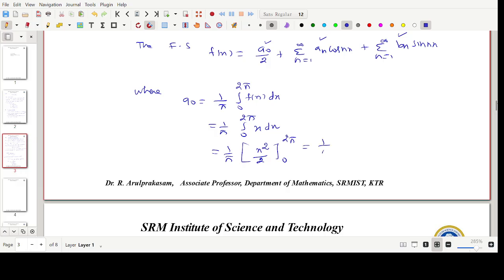What answer am I getting? 1 by pi, instead of x I substitute 2 pi, so 2 pi whole square by 2, that is 4 pi square by 2, minus the lower limit value 0. Now simplifying, pi cancels, so I am getting 2 pi. This is the constant term value.